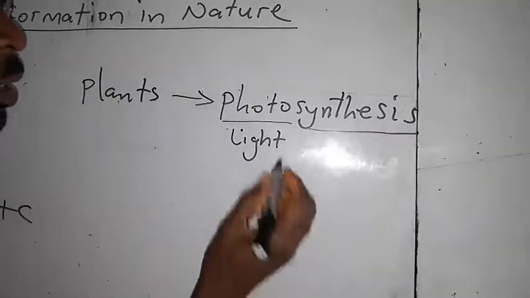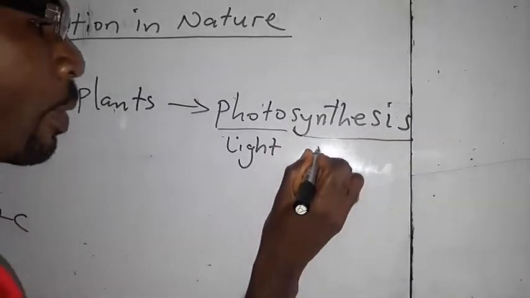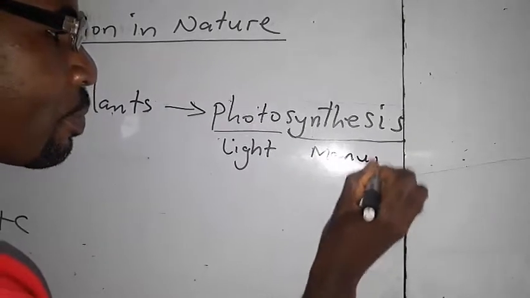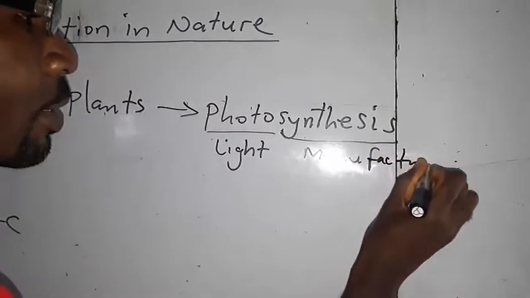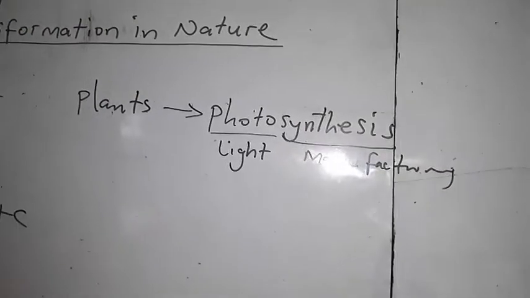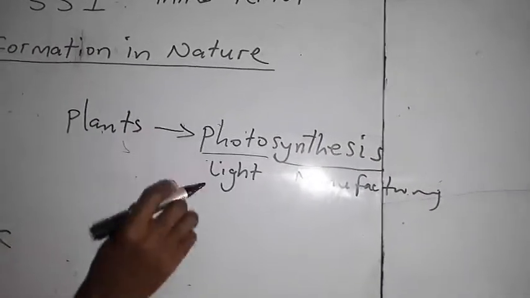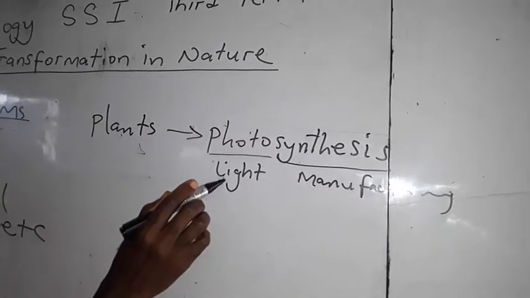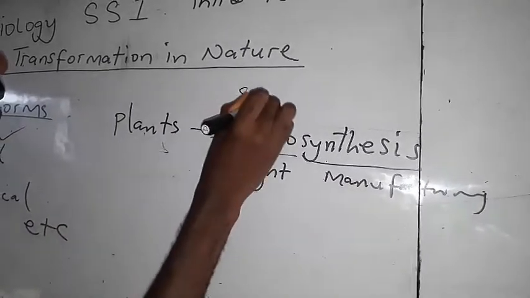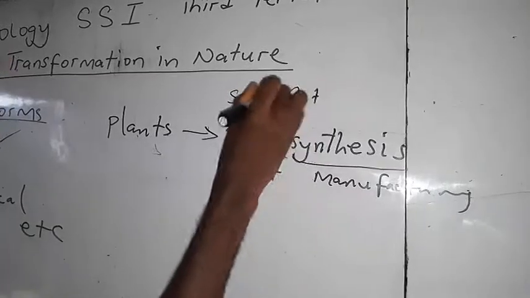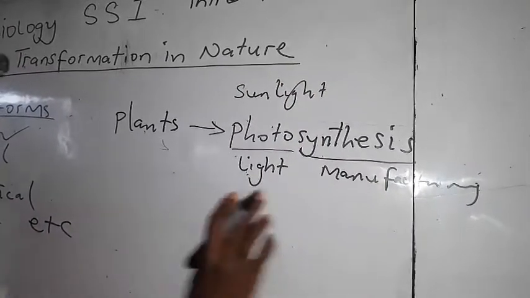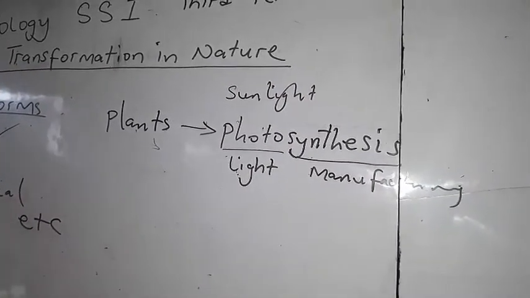Or in a nutshell, you can call it the process of manufacturing. So we now say that photosynthesis is a process whereby green plants manufacture their food through light, and the light we are talking about is the sunlight. When the food is being manufactured through sunlight, we say that that process is photosynthesis.